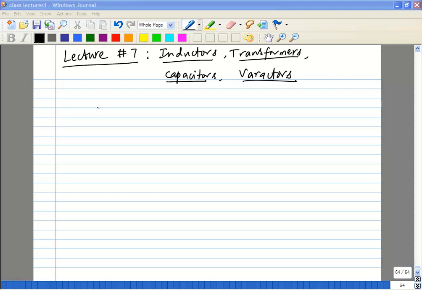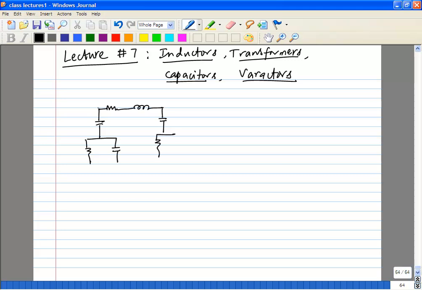Okay, so we looked at the compact model last class, right?